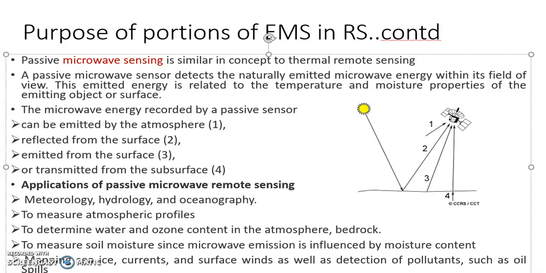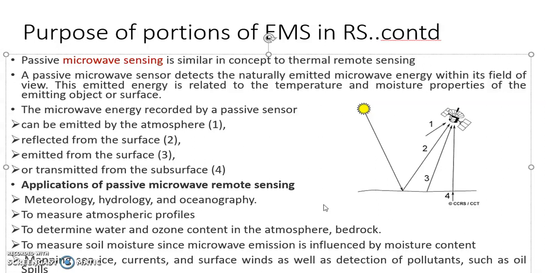Now the applications of microwave remote sensing are in meteorology, then hydrology, oceanography. So basically, depending on the wavelength. When I say microwave, it's a range of wavelengths, right? So based on the value of the wavelength that is used, the function also changes.